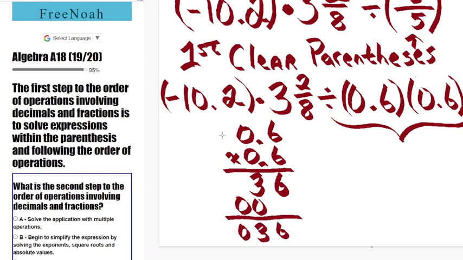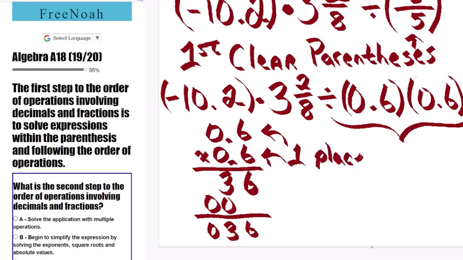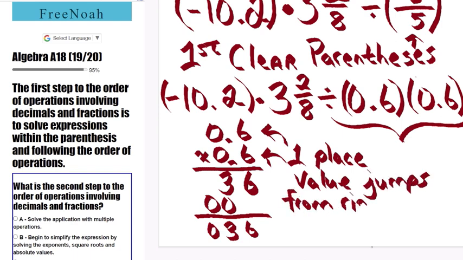Okay, now we're going to count the decimal place values on the right side of the decimal point, and that'll determine decimal placement here. So we have 1 each here. So 1 plus 1 equals 2. So in total we have 2 jumps. So 1 place value jumps from right to left each.